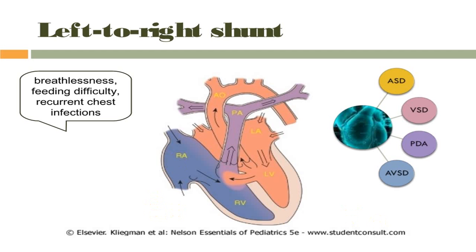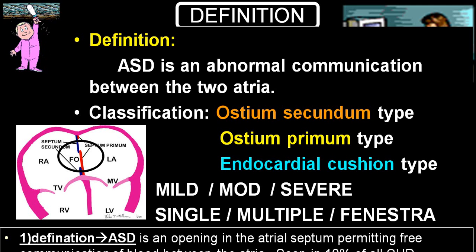That's why they are put into a big group we call acyanotic congenital heart disease. So we are going to discuss today regarding ASD. If you understand ASD, then all other acyanotic heart diseases are also very clear.